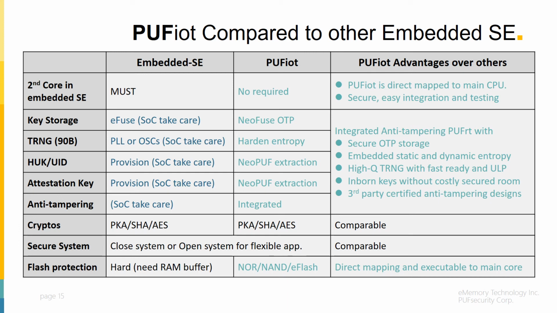However, PUFiot is a complete IP that integrates all IPs. Not only digital secure operations, PUFiot has all analog related modules, such as secure OTP, HUK or attestation keys from PUF, true random number generators with entropy sources, and anti-tampers. Customers do not need to worry about how to obtain those IPs. Just use PUFiot and go for mass production.